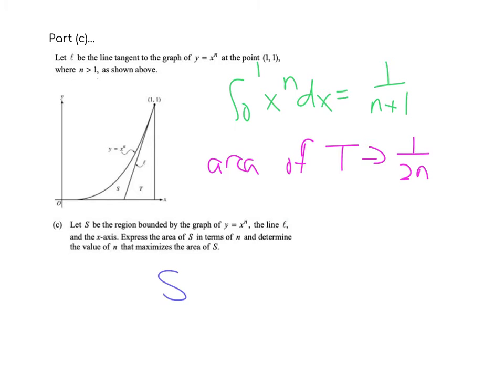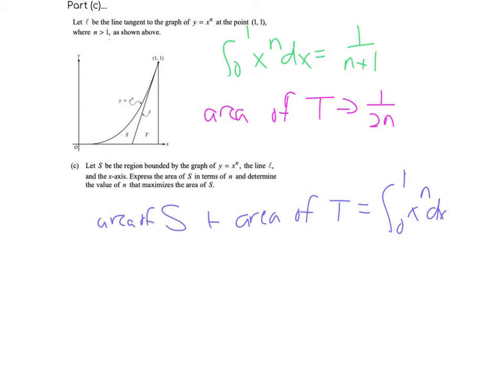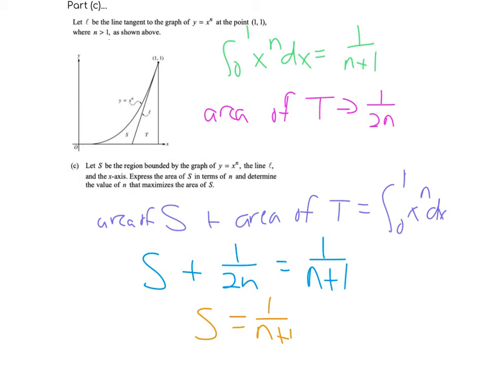So S, area of S, plus the area of t is going to be the integral 0 to 1 x to the n dx. And I don't know S, but I know t, and I know x to the n. So that means S is 1 over n plus 1 minus 1 over 2n.